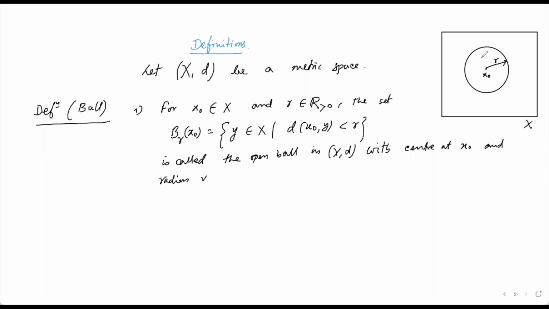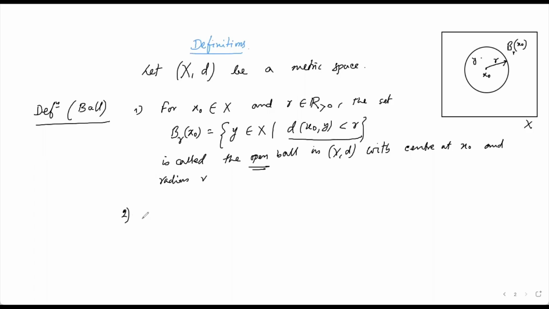The set of all points y which have distance strictly less than r. This is the ball with center at x naught and radius r, and this is called the open ball. Look at the inequality: the inequality is strict, and this is called the open ball.